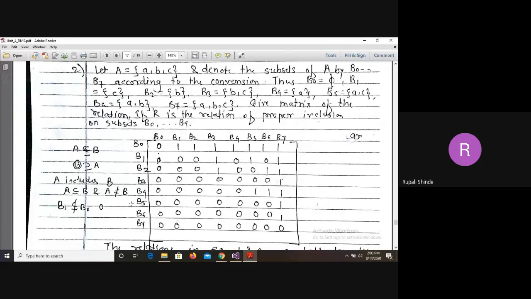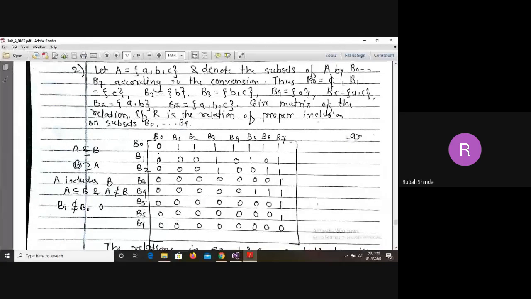Now check the B5 row, B5, B7. For this pair we have marked 1. B5 is A comma C and B7 is set A comma B comma C. So again B5 is a subset of B7 and these two sets are not equal, so we have marked 1 here.